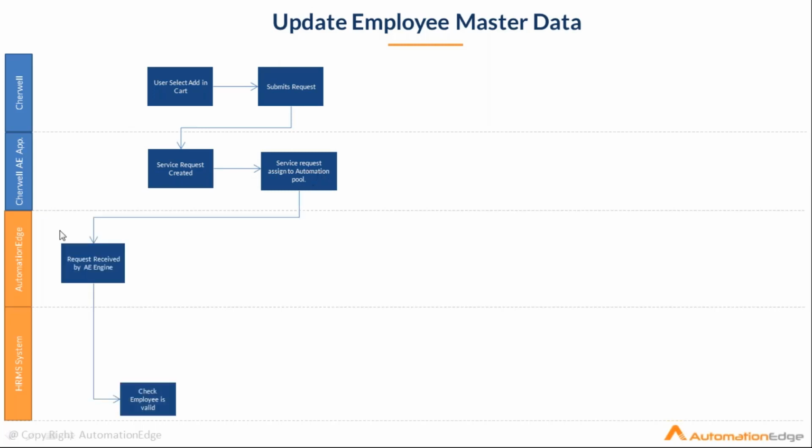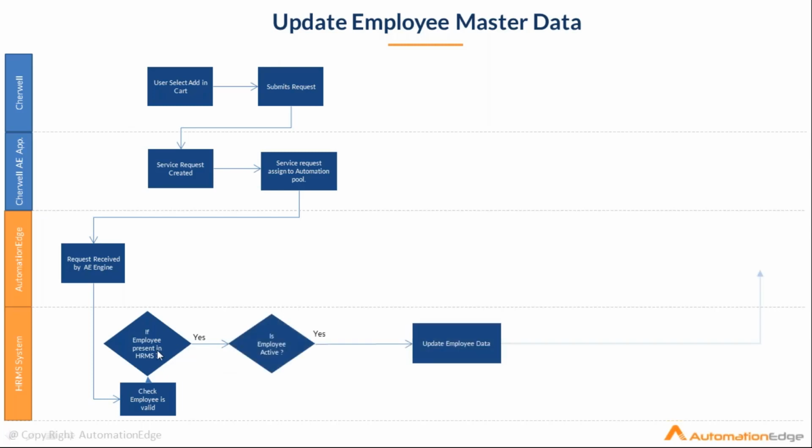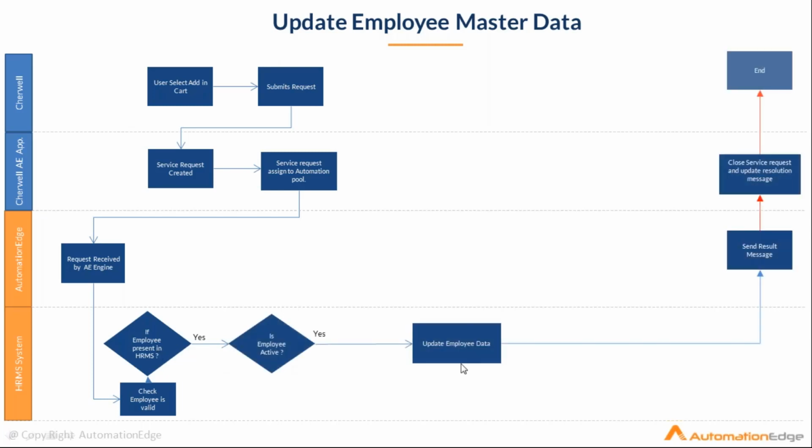It is picked up by the AutomationEdge engine, and then the engine can talk to any third-party system, in this case an HRMS system, where it checks if the employee is valid. If the employee is present in HRMS and is active, it updates the employee data, sends the result message back to AutomationEdge and the integration app, and the service request is closed or resolved in Cherwell.